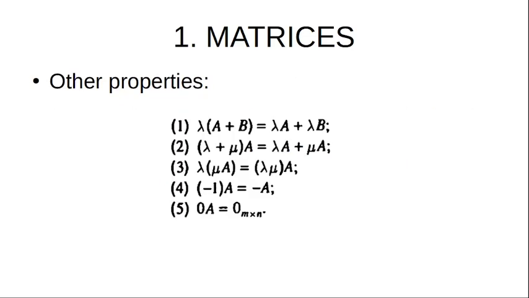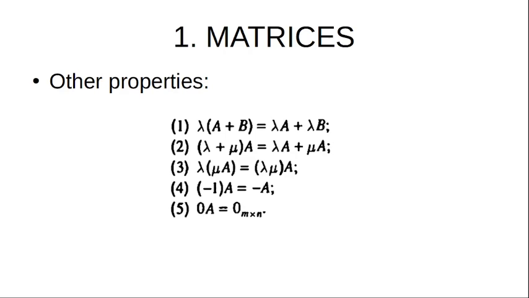Matrices have other properties. The first one is distributivity. It means that if we multiply a scalar by the addition of two matrices, we just distribute it. If we add two scalars and multiply by a matrix, it's the same as distributing the matrix to both scalars.